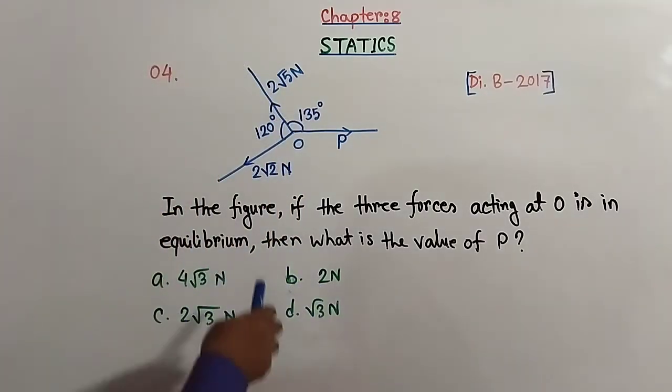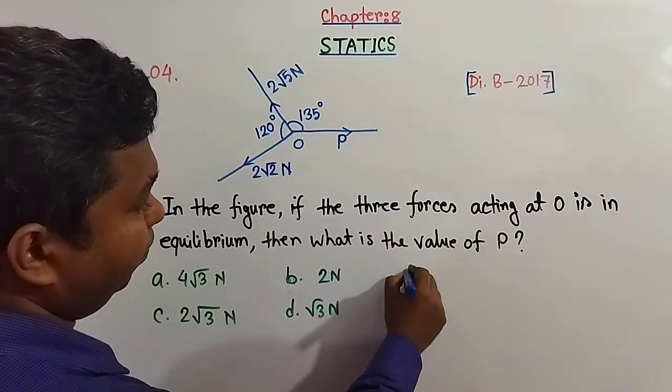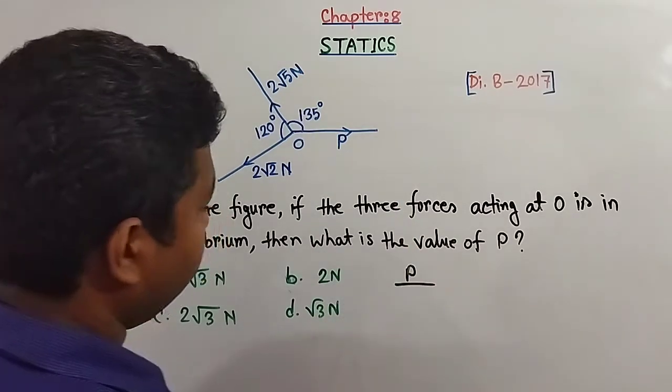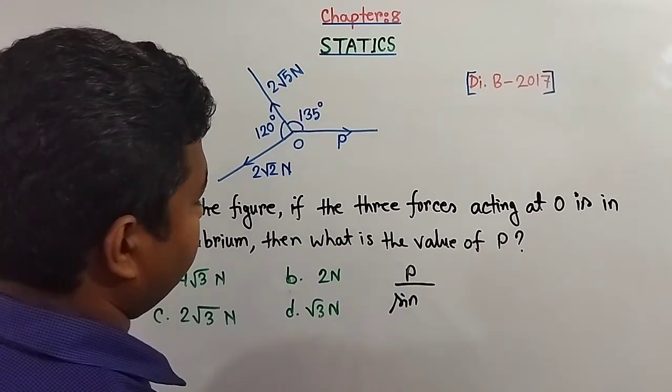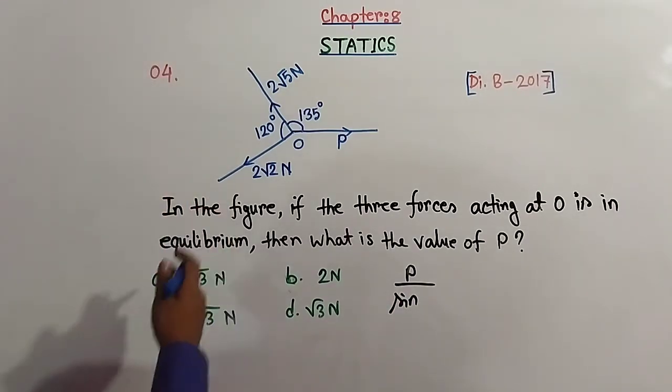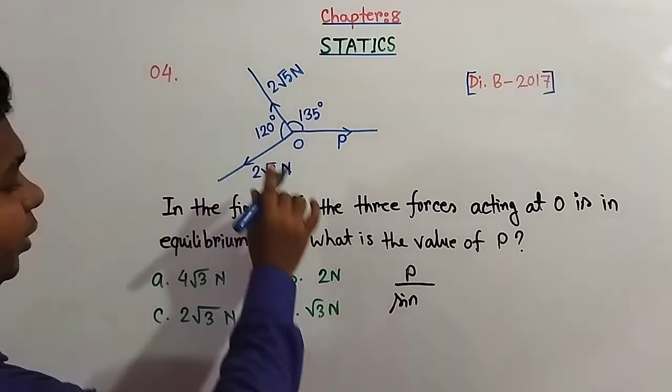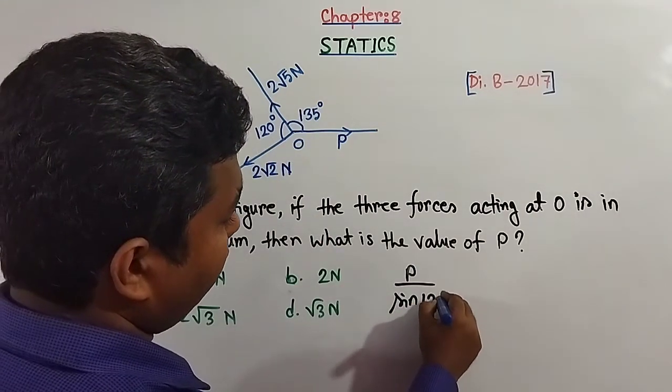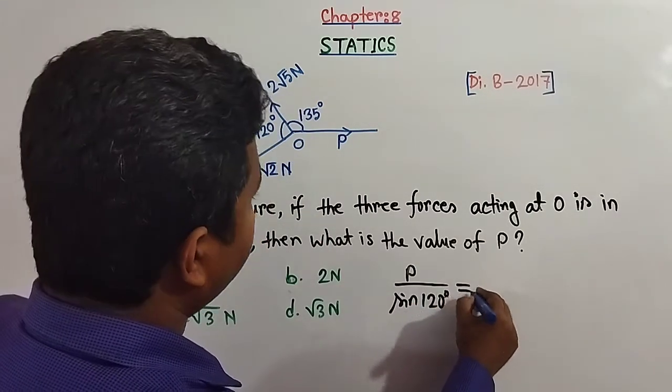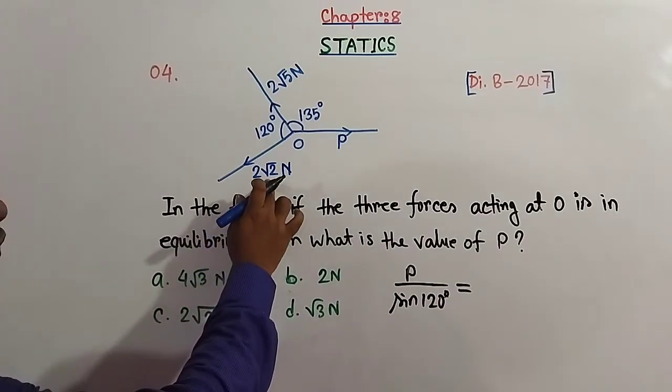So from the given figure we can write the force P divided by sine of the included angle of the other two forces, that is 120 degrees. So sine 120 degree equal to 2 root 2 Newton.